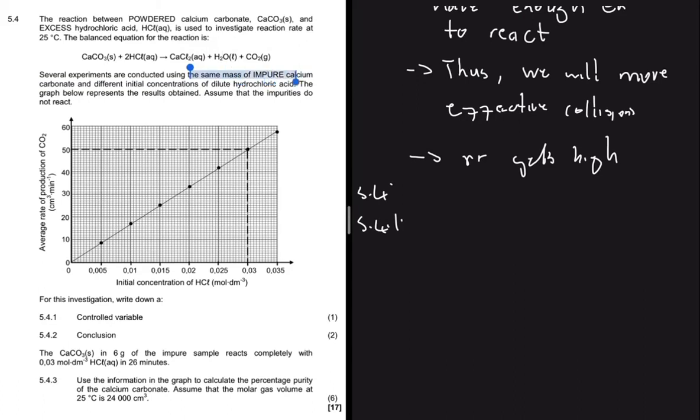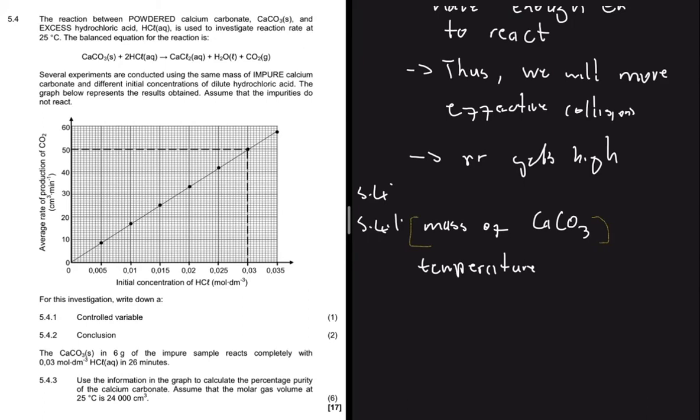So for 5.4.1, we'll have mass of CaCO3, and that's one option you have. The other option is the temperature, right? They didn't say anything about the temperature, so you can go ahead and see that.